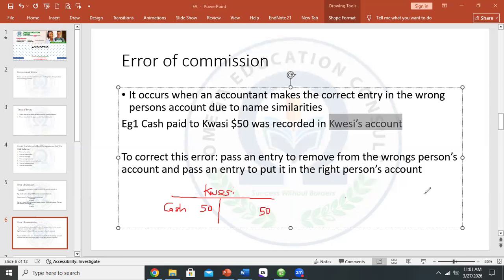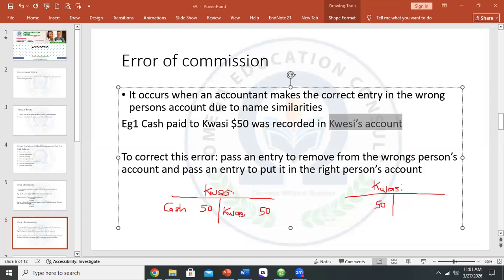And then we will open the right Kwesi, and debit that Kwesi with what? 50. Now, in terms of the details or narration, you can simply say that we are removing this cash to the right person's account, Kwesi.